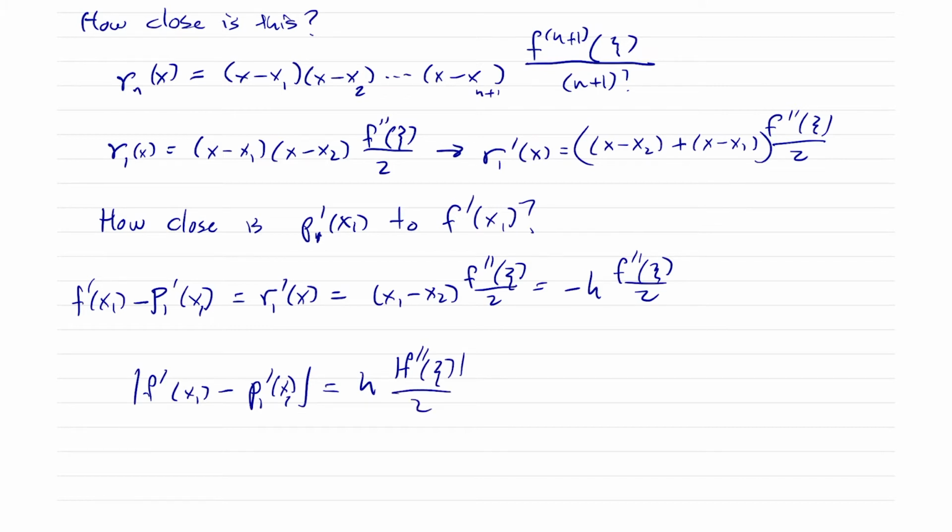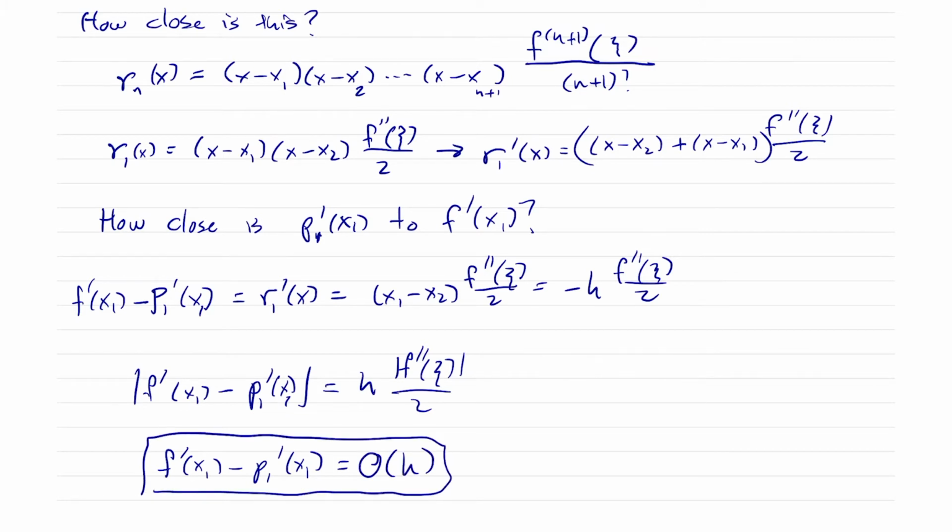And in general, this tells us that f prime of x1 minus p1 prime of x1 is big O of h. And so this is our approximation order. Okay, so that's a good first step.